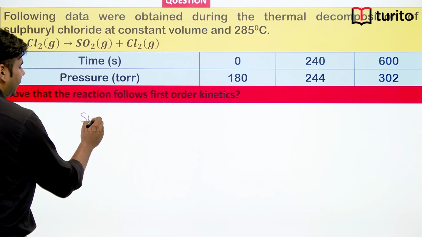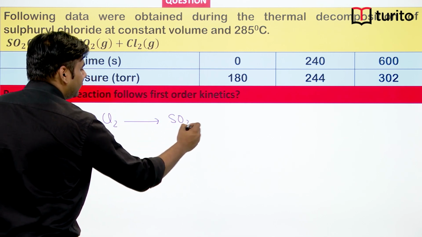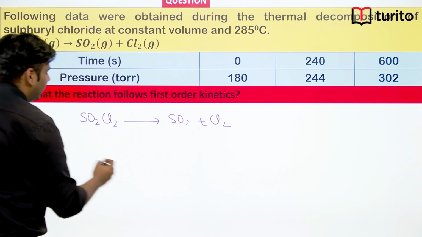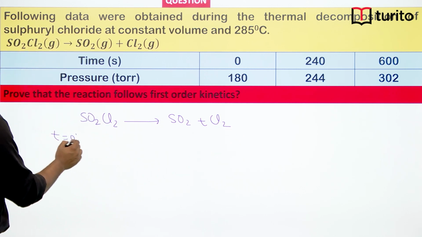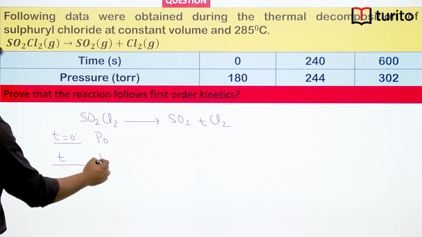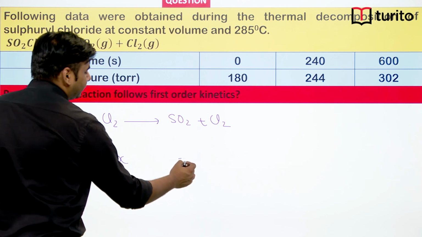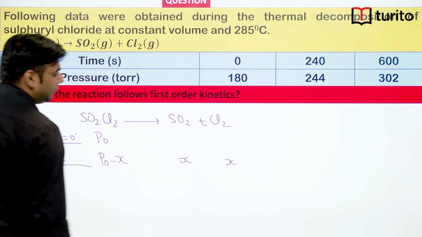Okay, so we are basically decomposing SO2Cl2 into SO2 and Cl2. So we know that at time t equals 0, let the pressure be P naught. After say some time t, x has reacted. So the pressure left would be P naught minus x. x pressure of SO2 and x pressure of Cl2 would form.